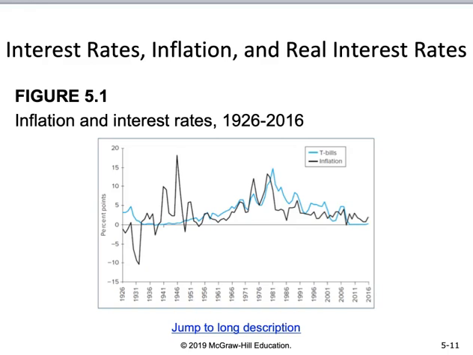This chart intuitively validates the fact that interest rates do track inflation, that they include the inflation component, because we're looking at T-bills here, which, as you know, are a risk-free investment, so we have no risk. But as inflation, the black line, trends upward and downward, so does the T-bill rate, which would lead us to believe that the T-bill rate does include a return for inflation.